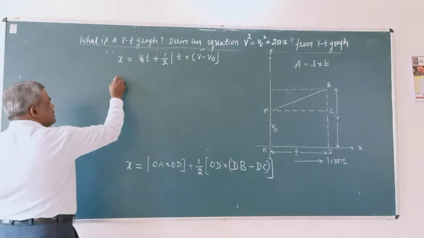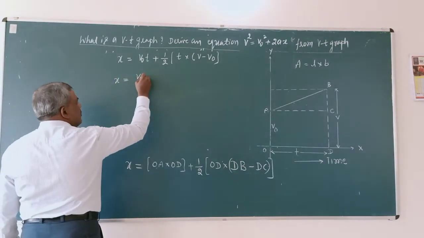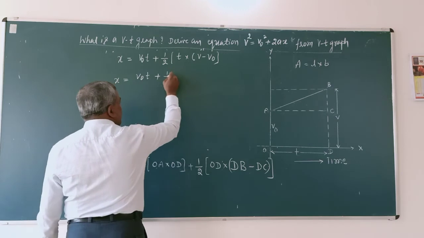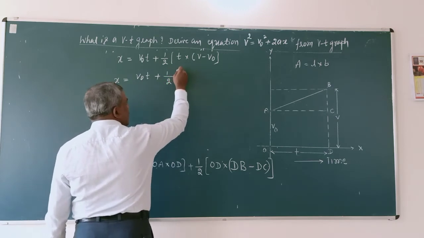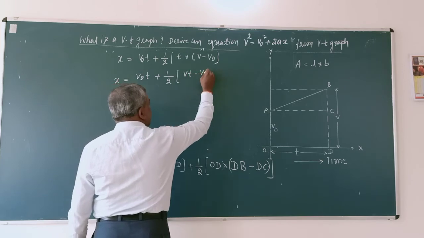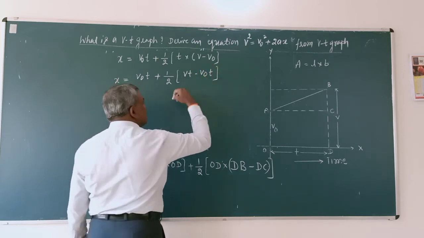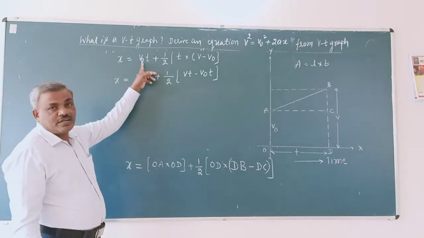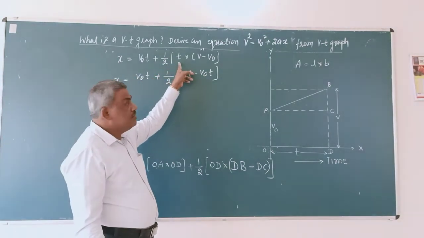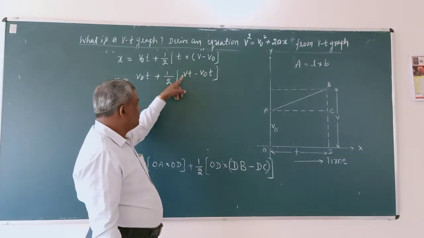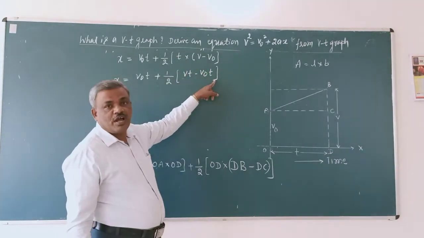So now x equal to V naught t plus 1 by 2, now multiply here Vt minus V naught t. Now students, here x equal to V naught t plus half t into V minus V naught t. Within the bracket you multiply t, Vt minus V naught.